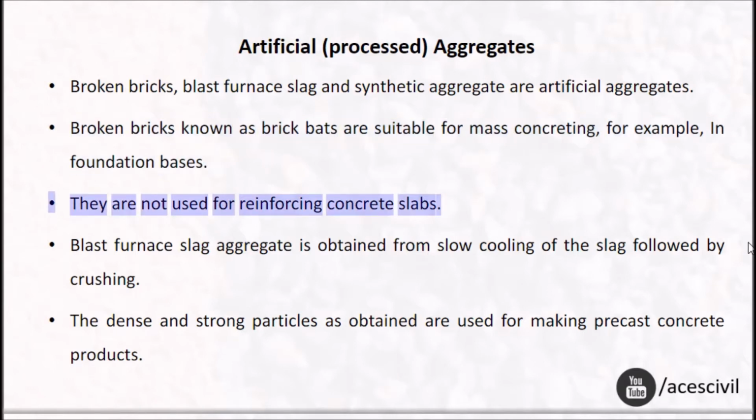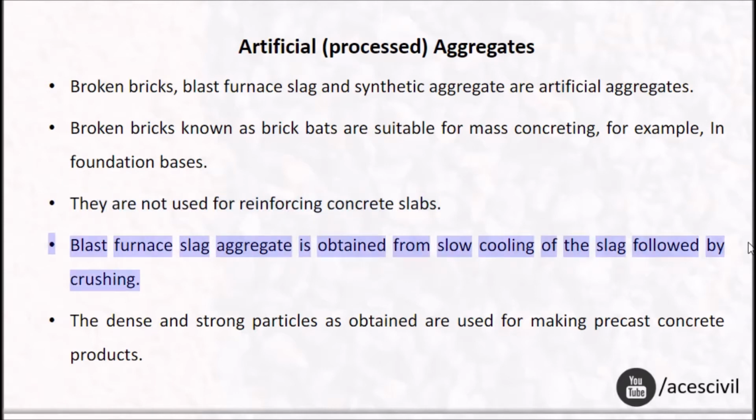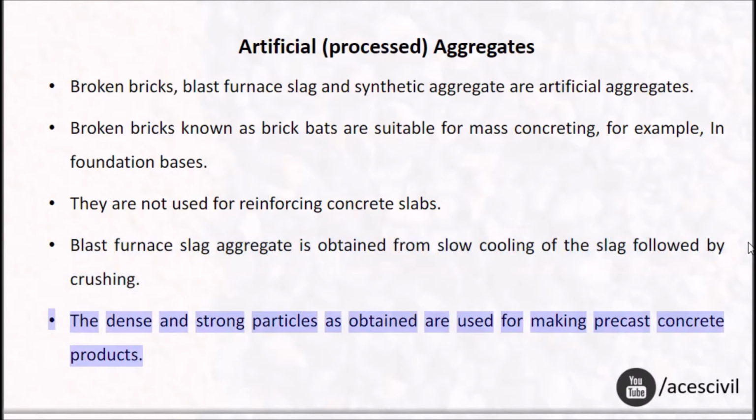They are not used for reinforcing concrete slabs. Blast furnace slag aggregate is obtained from slow cooling of the slag followed by crushing. The dense and strong particles as obtained are used for making precast concrete products.